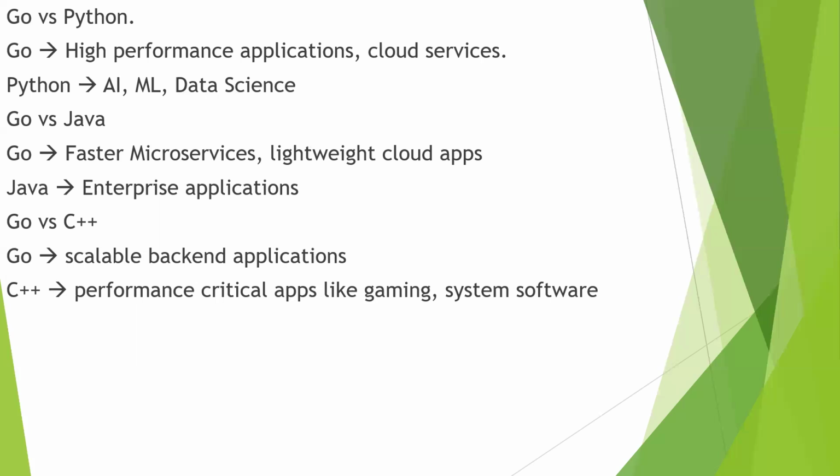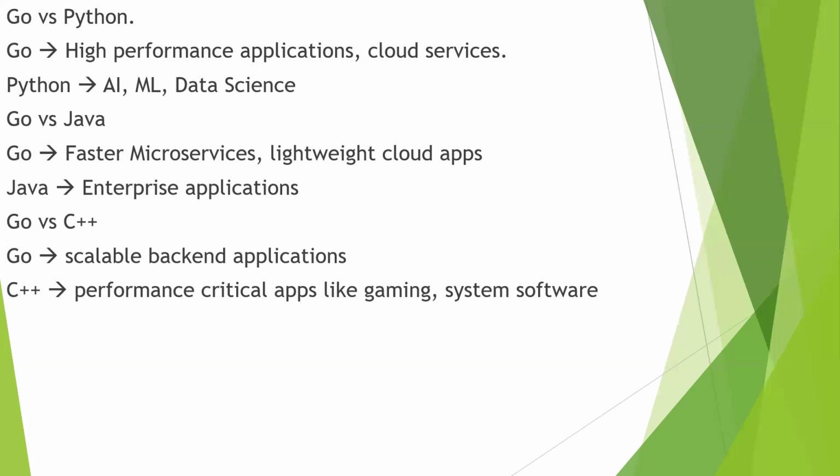Okay, and because of the automatic garbage collection that we have in Golang, the memory management will be very effective. So memory management and concurrency support, all these things are mainly in line with scalable backend applications, microservices, and high performance applications. That's where Golang is recommended.